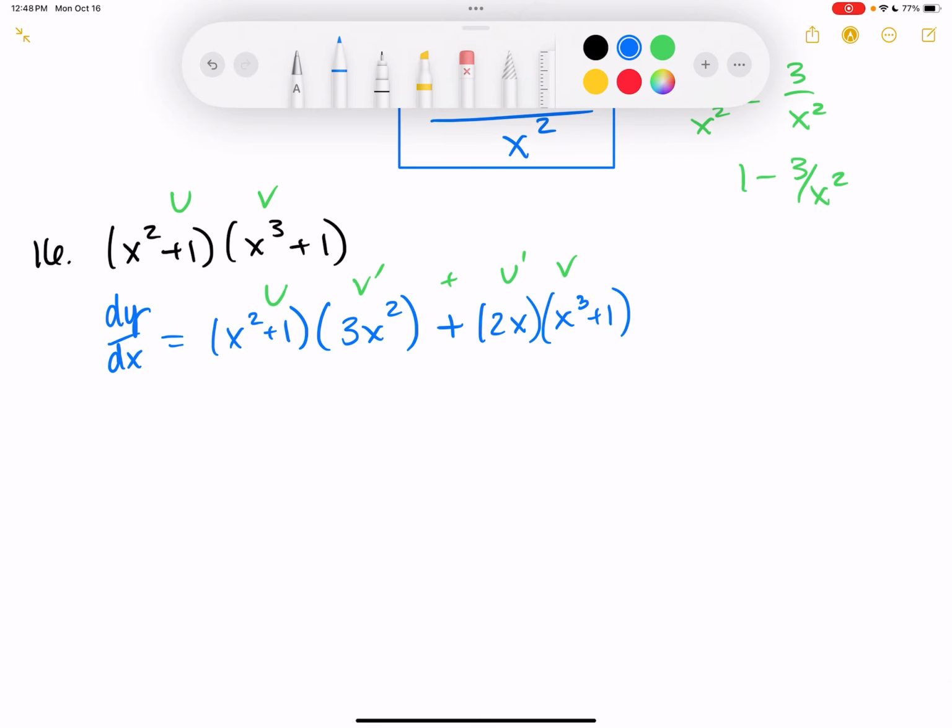So now I've done the calculus part. Now it's just algebra. So that's going to be 3x to the 4th plus 3x squared, and then plus 2x to the 4th plus 2x, and then obviously we would want to write it in the right order. So that's going to be 5x to the 4th plus 3x squared plus 2x.